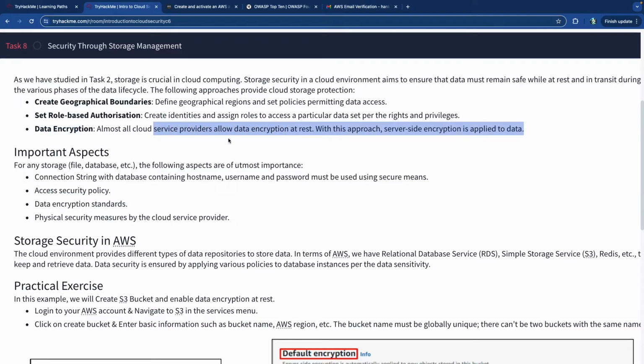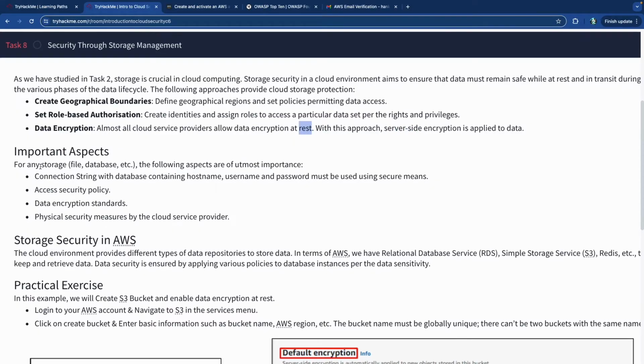So all cloud service providers allow data encryption at rest. You should definitely do that. With this approach, server-side encryption is applied to the data, meaning while it's inside the server and it's at rest and not being used, it's encrypted.